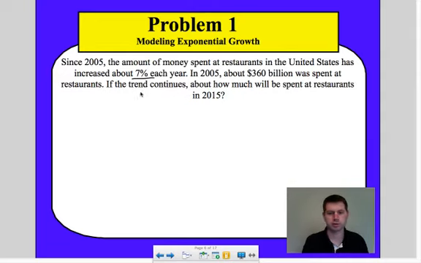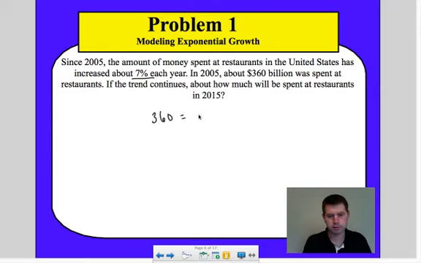So in this particular problem, what we're going to do is we're actually going to set this up and try to figure out what our population will be. So there's a couple ways to do this. Since we started at 2005, we're going to start with that and say, well, let's say 360 billion, so our numbers are going to be in billions.